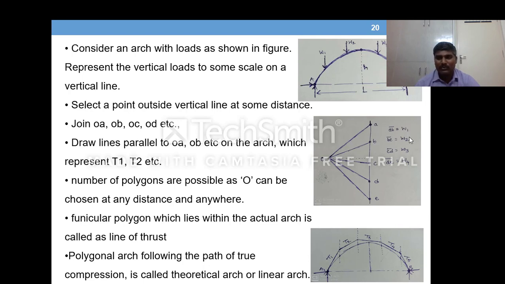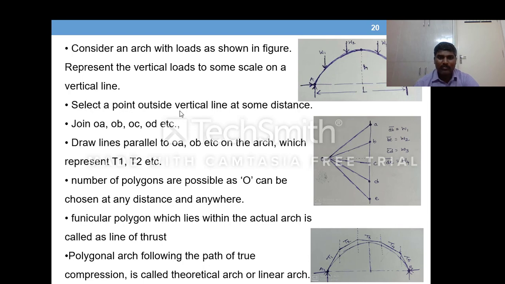Similarly, W2, according to the value, you draw BC as W2 load. Similarly, CD as W3 and then DE. This is how we represent the vertical loads to some scale on a vertical line.